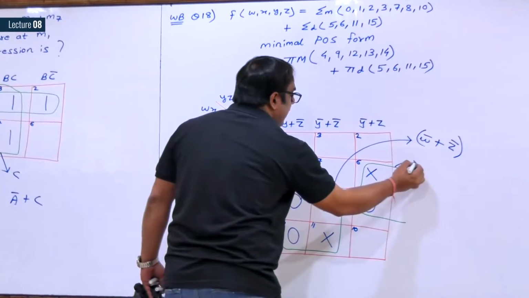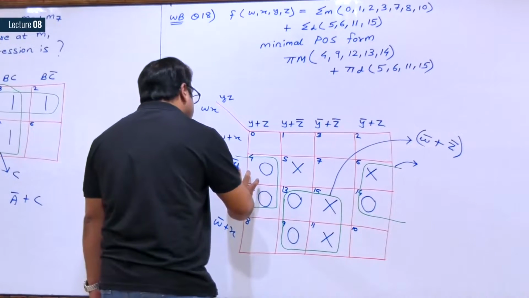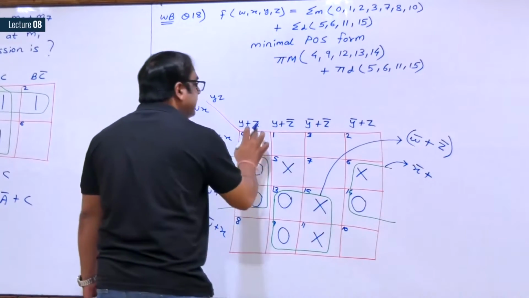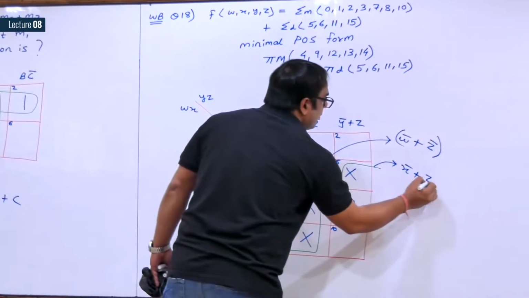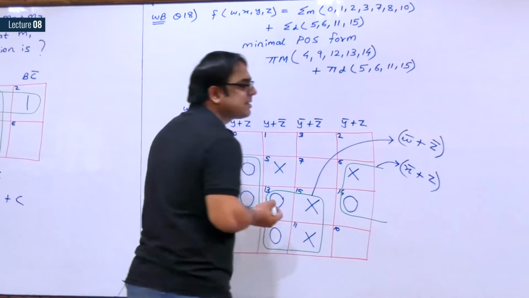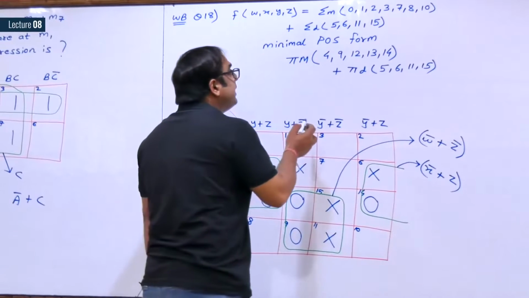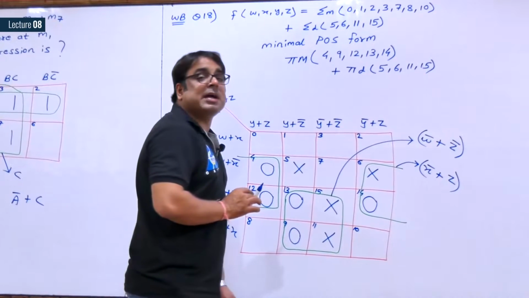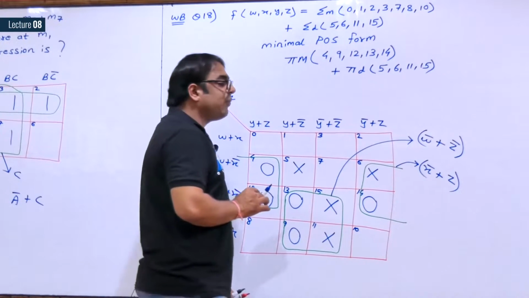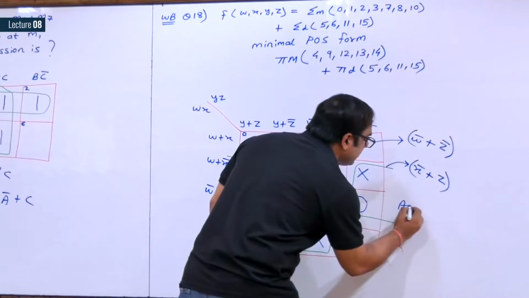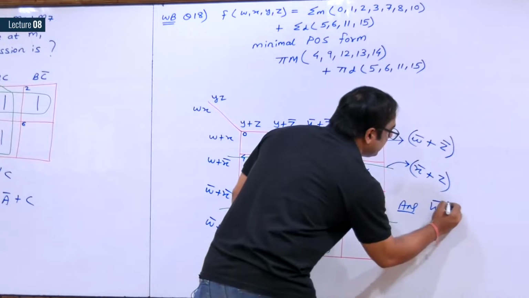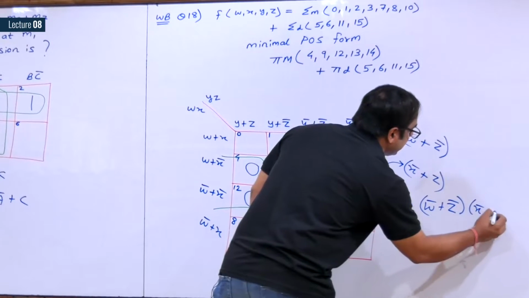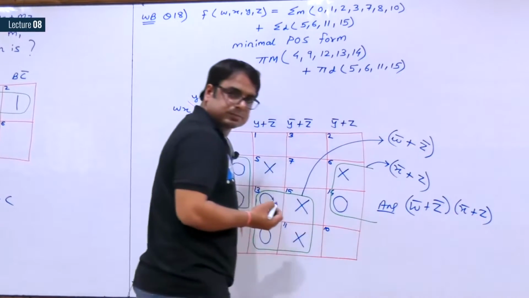Now this quad has X complement common, and this quad has Z common. So in minimal POS form, the answer will be W complement plus Z complement, X complement plus Z.